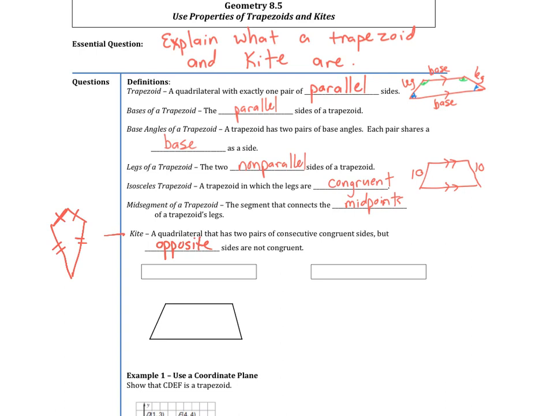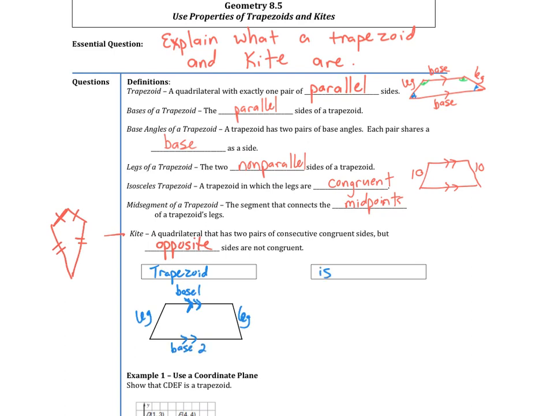All right, so right here we have a trapezoid, parallel sides. Okay, we have the legs, this is a leg, and then we have base 1 and base 2.